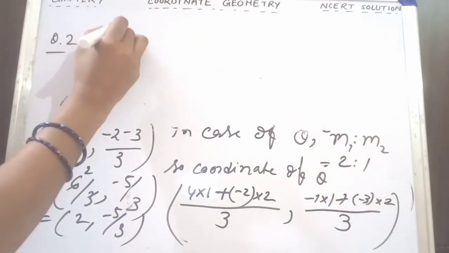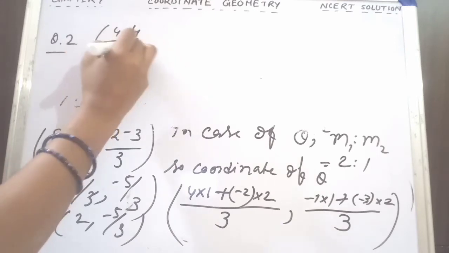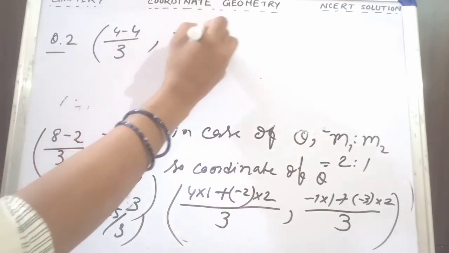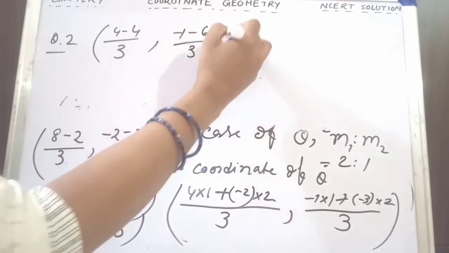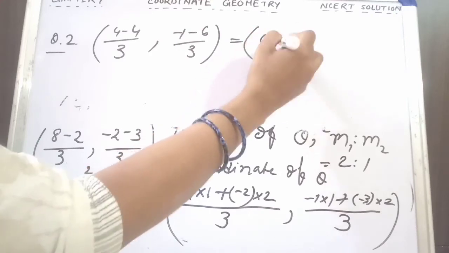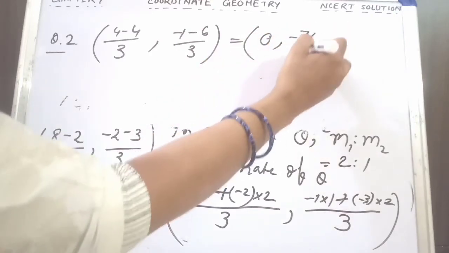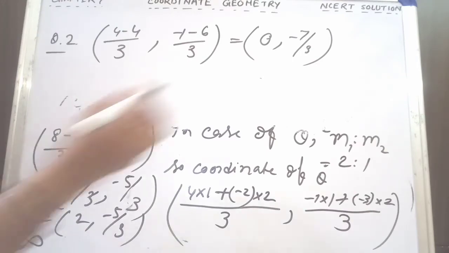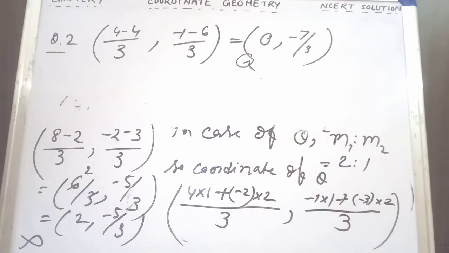That means 4 into 1, 4 minus 4 upon 3, minus 1 minus 6 upon 3. 4 minus 4 that means 0, comma minus 7 upon 3. So this is the coordinate of P and this is the coordinate of Q.